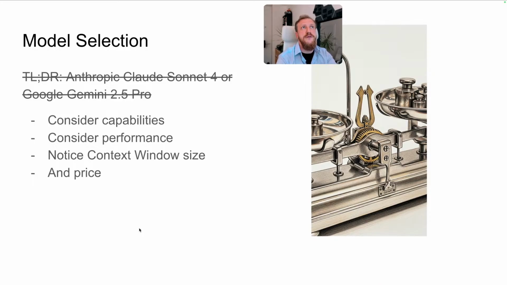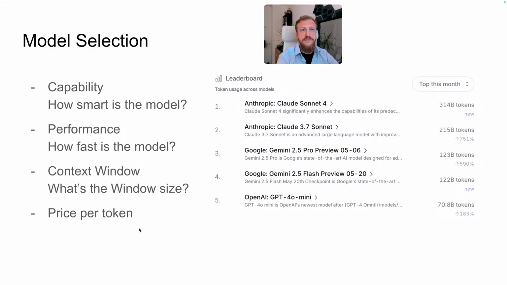For many tasks, it may make sense to stay on a model of the previous generation. If it works well, good enough for you, it definitely will be cheaper. But again, I don't know which car you should drive. So let's move on. First, capability: how smart is the model? Performance: how fast is the model? What's the window size and the price per token?